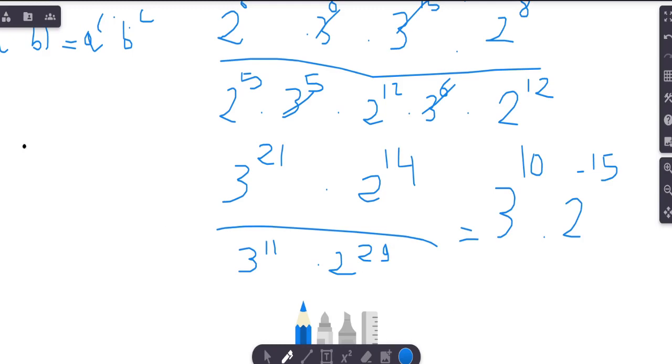Okay, and when we have a to the minus b, it is the same as 1 divided by a to the b.